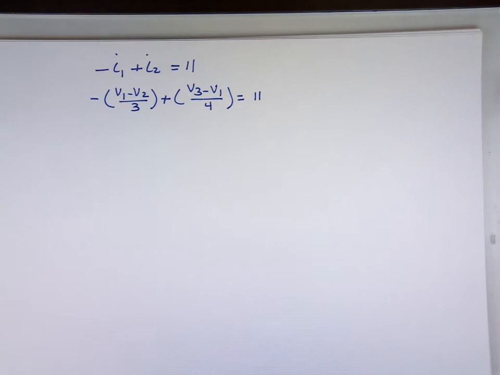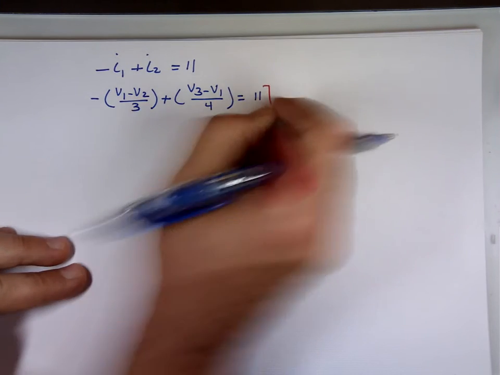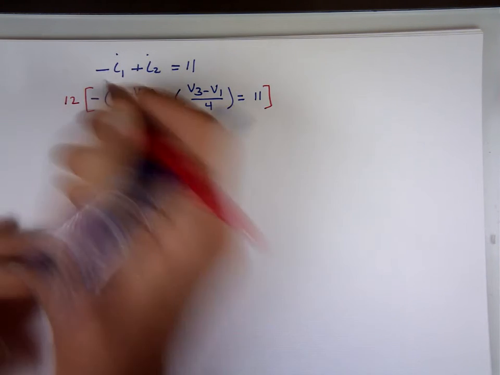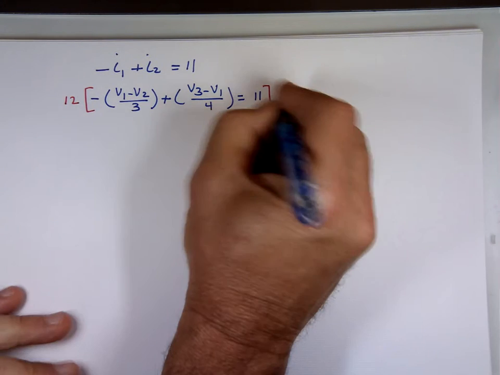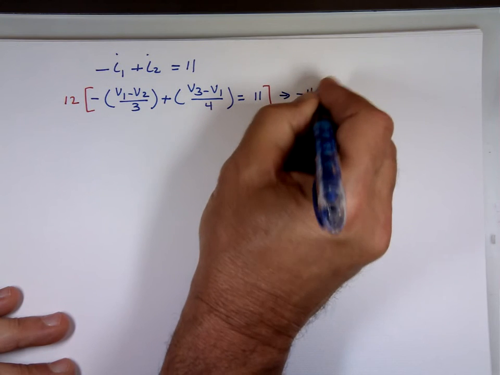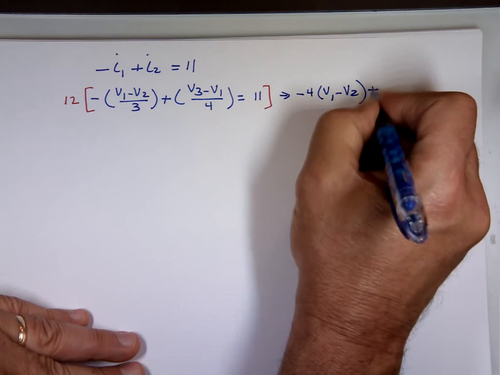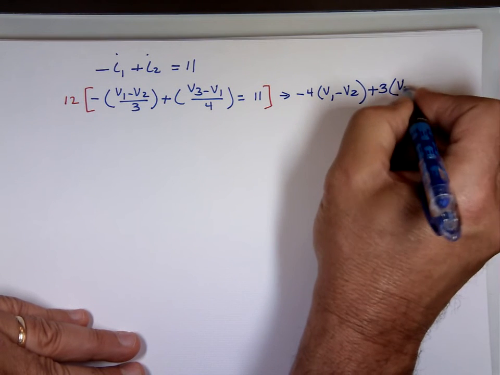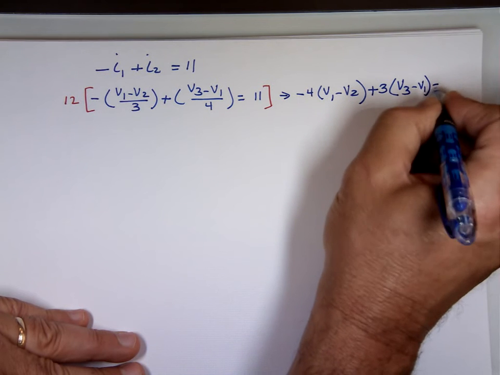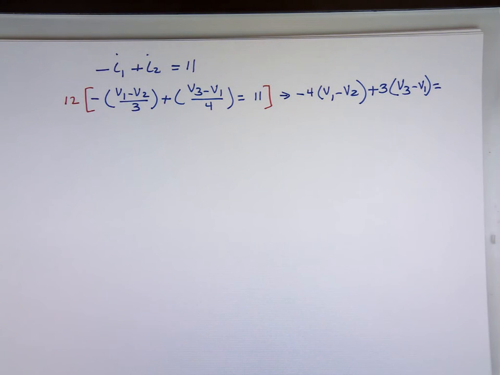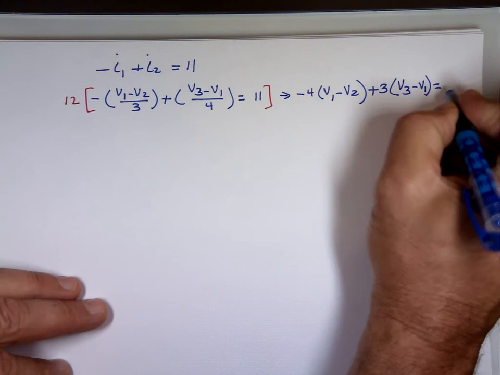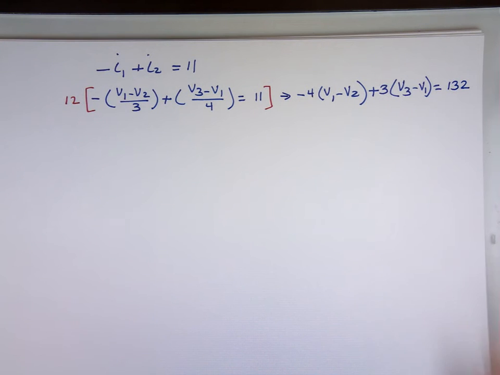Clean it a little bit there. What's my LCD? Is that 12? So you'll have negative 4 times V1 minus V2 plus 3 times what? V3 minus V1. And what is 12 times 11? Is that 123? 132. Now let's clean it.